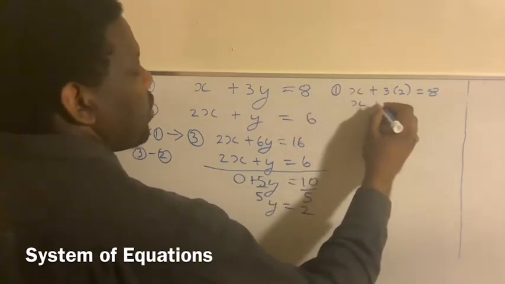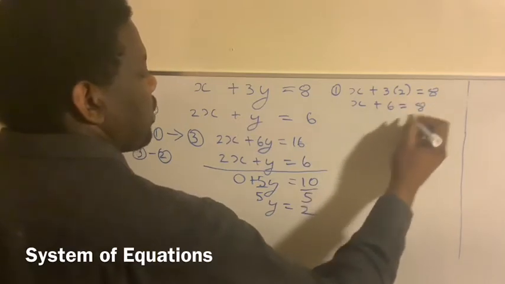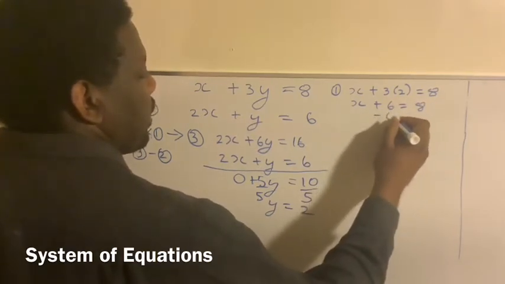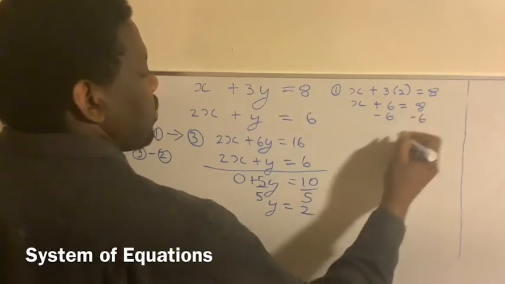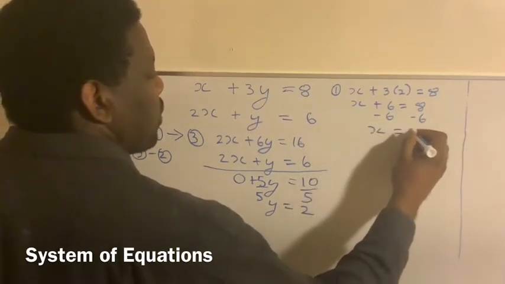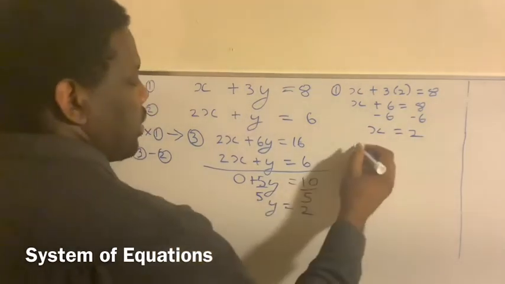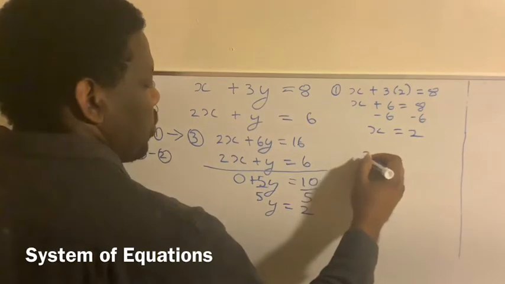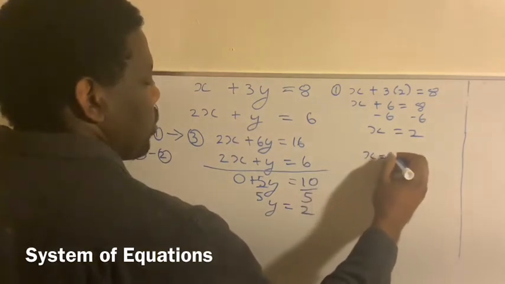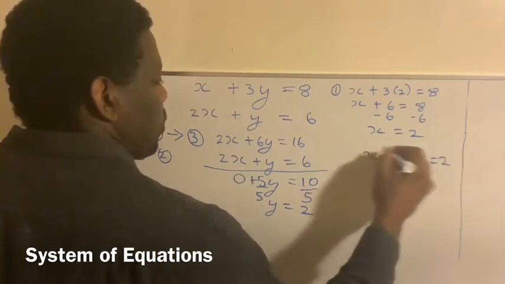X plus 6 is equal to 8. We subtract 6 on each side. X is equal to 2. So our solution set is x is equal to 2, y is also equal to 2.